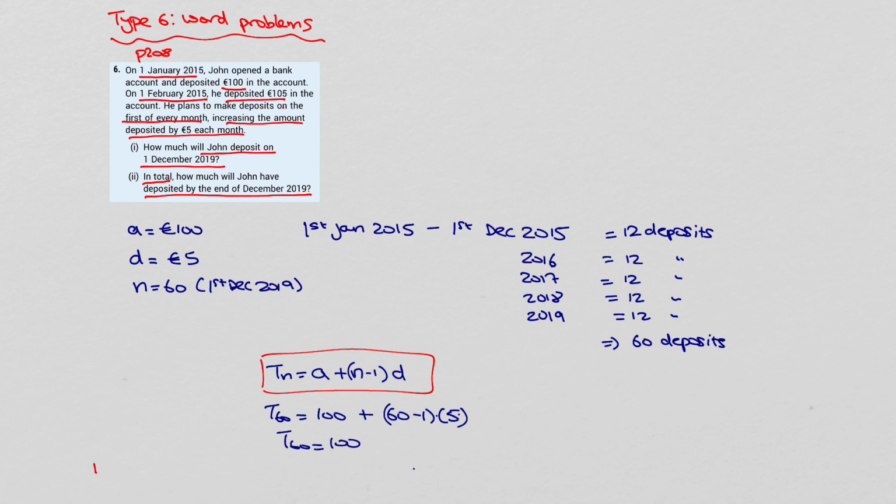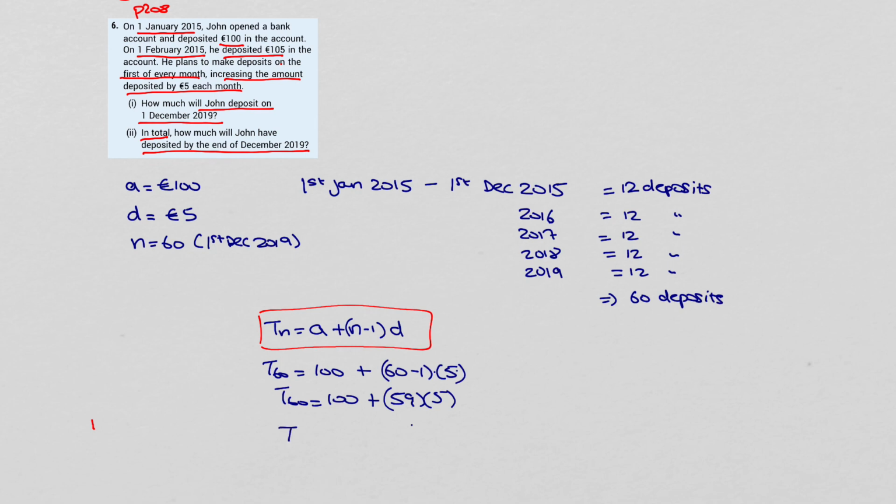So we have 100 plus 59 times 5, which gives us €395. So in other words, on the 1st of December 2019, John will deposit €395 into his account.